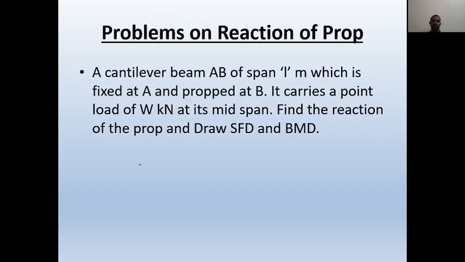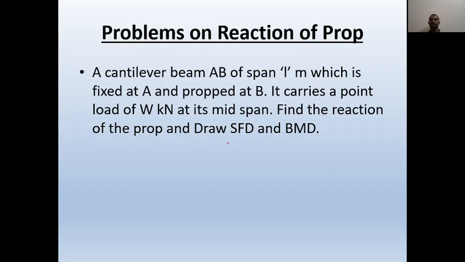Now let us solve some problems on propped cantilever beams. Let us say this is a simple W. Values are not numerals, they will be given in terms of L and W only for this particular case. A cantilever beam AB of span L, fixed at A and propped at B, carries a point load of W kilonewton at its midspan.